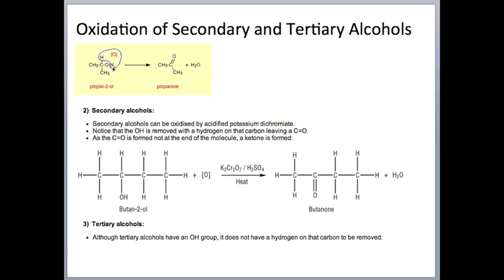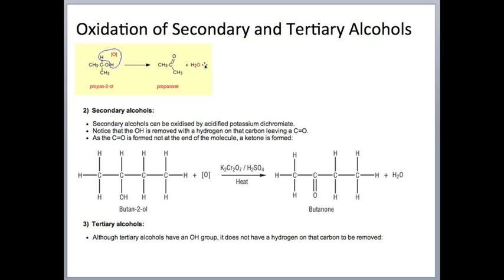It takes one hydrogen from the OH group and one hydrogen which is directly attached to the carbon which carries the OH group to produce propanone, which is a ketone, and also water is produced. So this is the oxidation of secondary alcohols to produce a ketone.